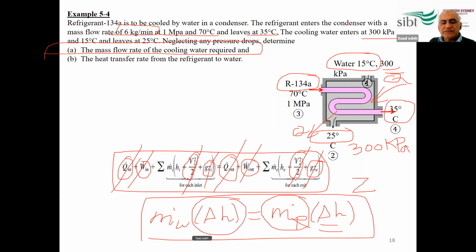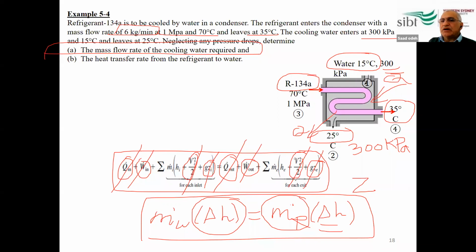Delta H of the water, I have to find H of water because it's liquid water. So it's HF. I know that it's not steam, it's only water at high pressure. So it's liquid.